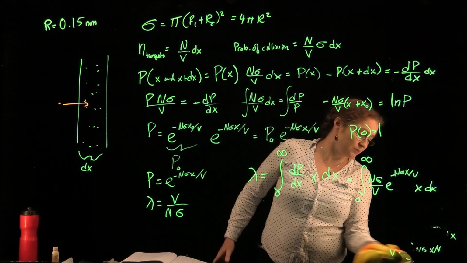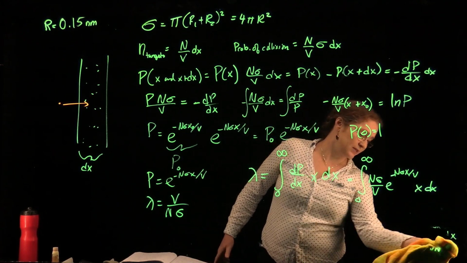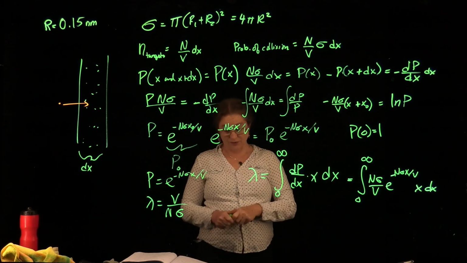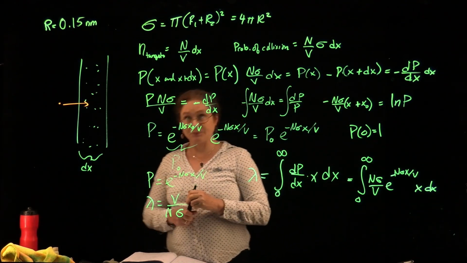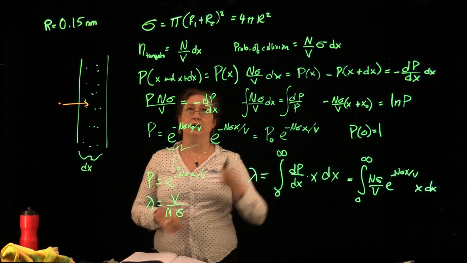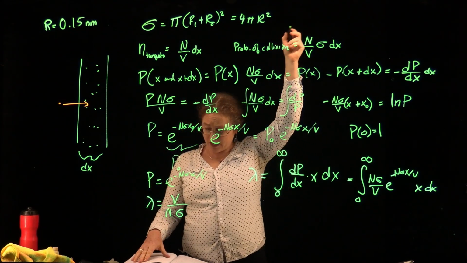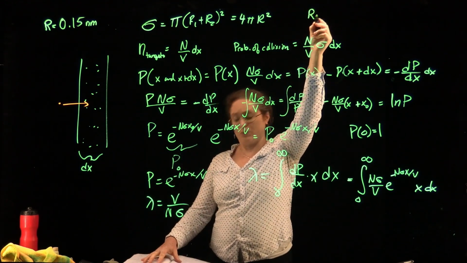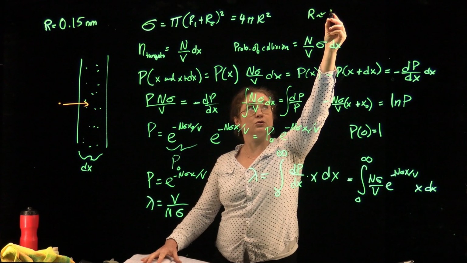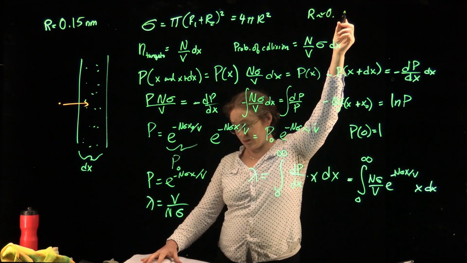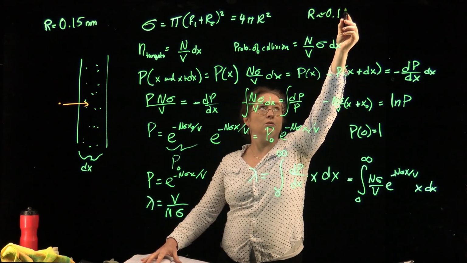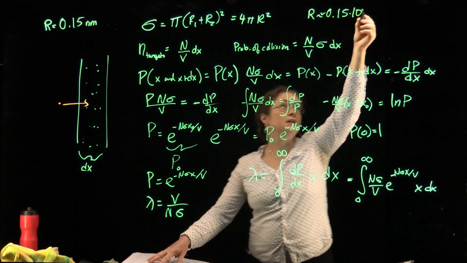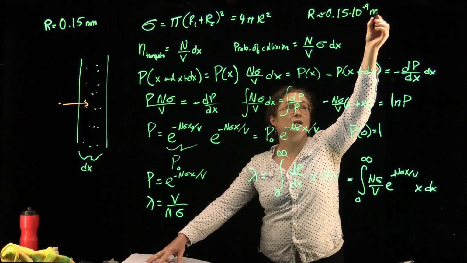We can then plug some numbers in and figure out what this is. Our original question was, what is it for air? Where we asserted that this spacing R was roughly equal to 1.5 angstroms, so 0.15 times 10 to the negative 9th meters.